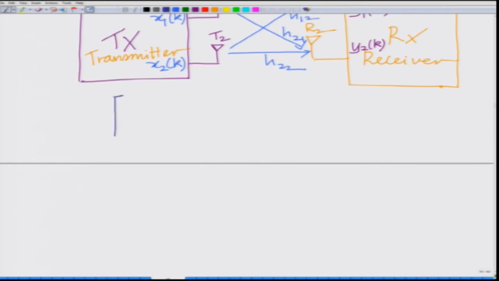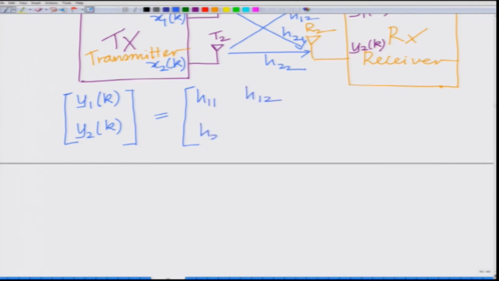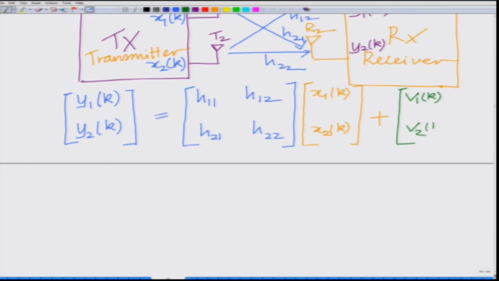This system model can be represented using vector notation as [y1(k), y2(k)] equals your channel matrix, the 2 cross 2 MIMO channel matrix [H11, H12; H21, H22], times [x1(k), x2(k)] plus your channel noise vector [v1(k), v2(k)].